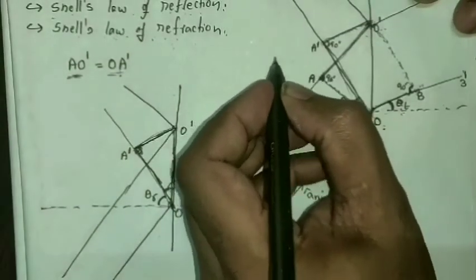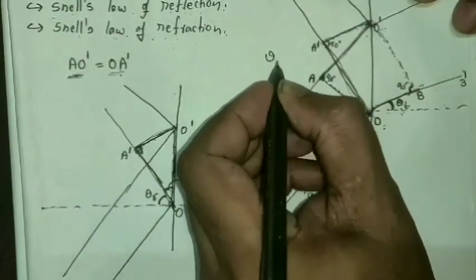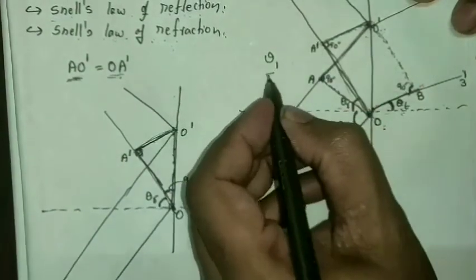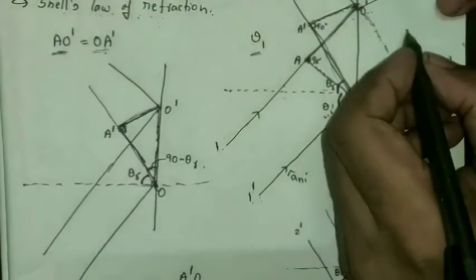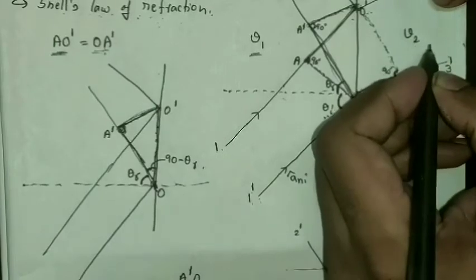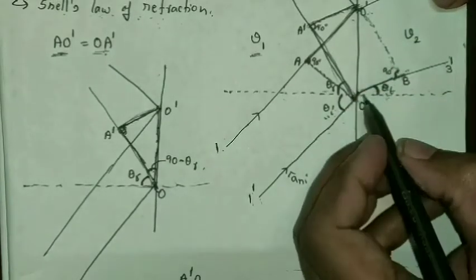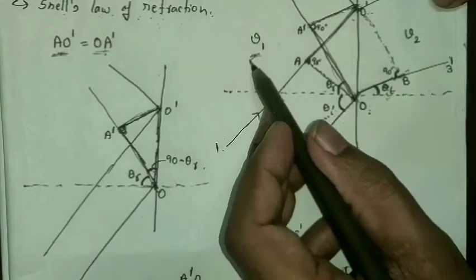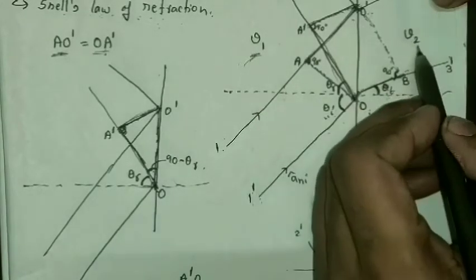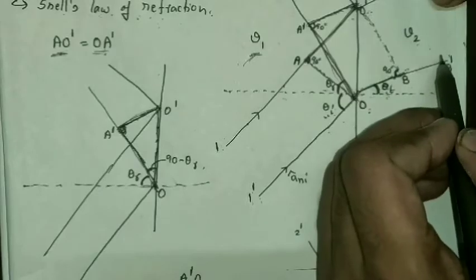Let us assume the velocity of the electromagnetic wave from A to O' is V1, since we are in medium 1. And let V2 be the velocity of the transmitted electromagnetic wave covering O to B in medium 2.